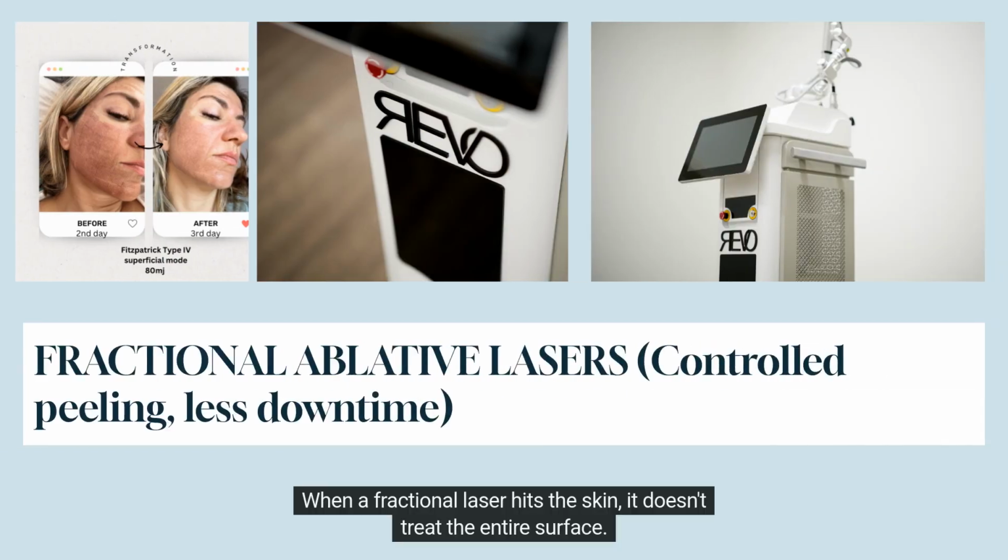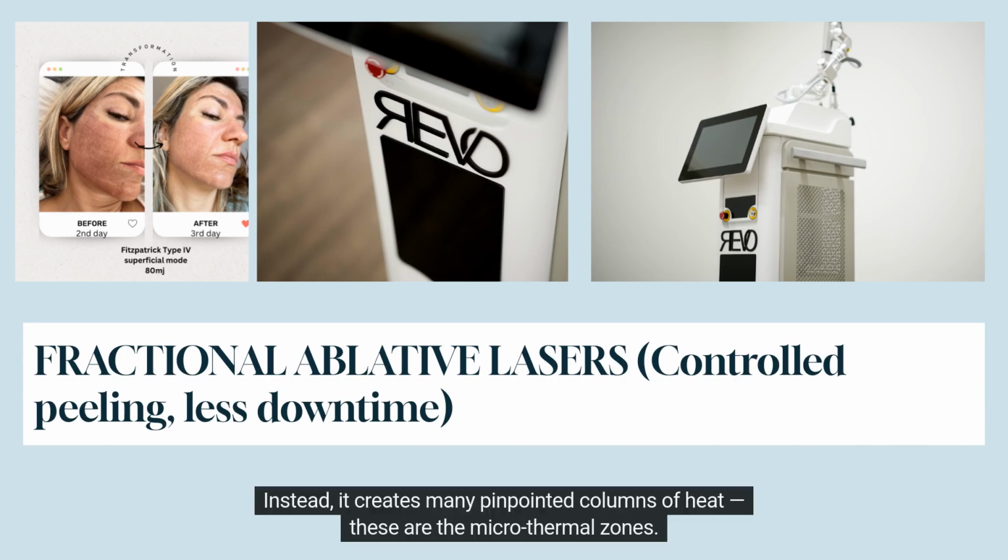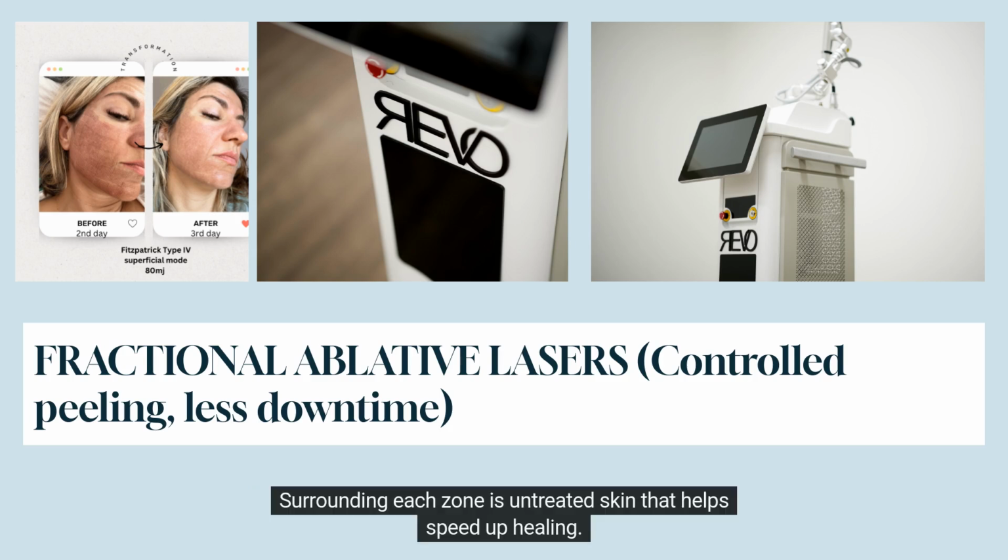When a fractional laser hits the skin, it doesn't treat the entire surface. Instead, it creates many pinpoint columns of heat. These are the microthermal zones. Surrounding each zone is untreated skin that helps speed up healing.